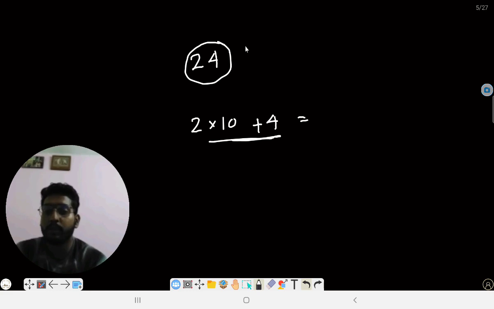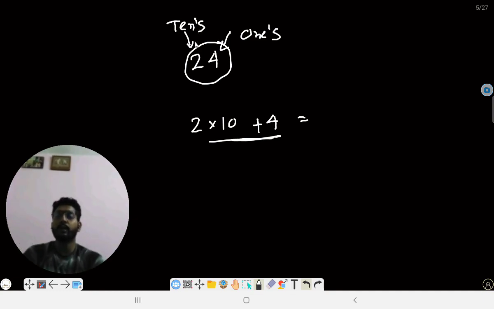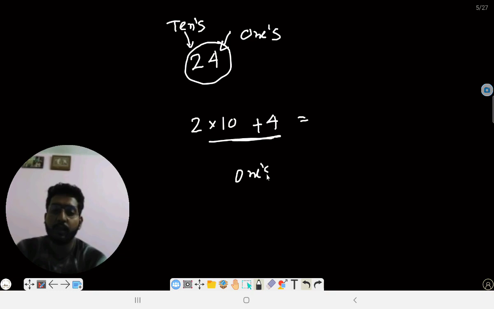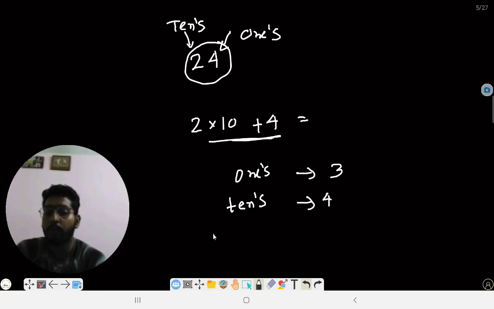Now there are two places. This one is called unit place or ones digit, and this one is called the tens digit. Now whenever we know the digits, tens digit, ones digit, how to form a number? Suppose ones digit is 3 and tens digit is 4. The formula is 10 into tens digit plus ones digit.